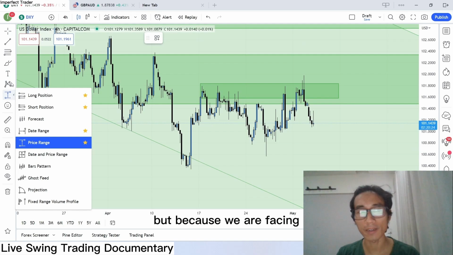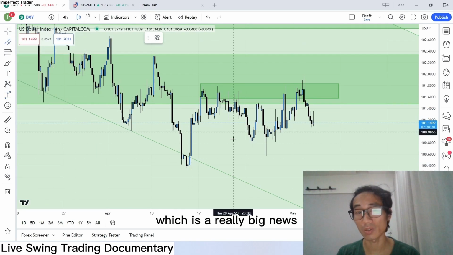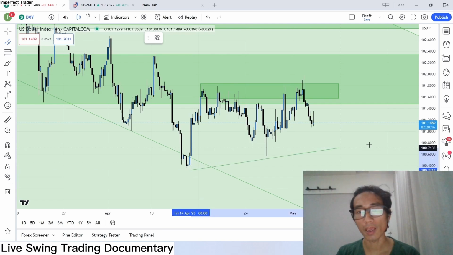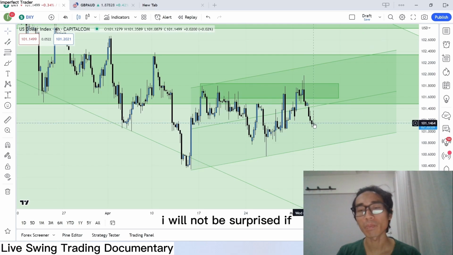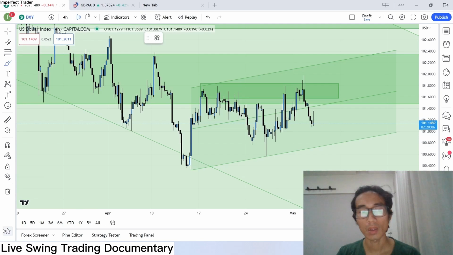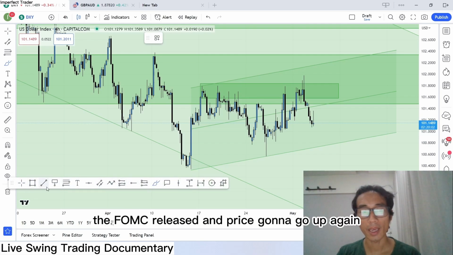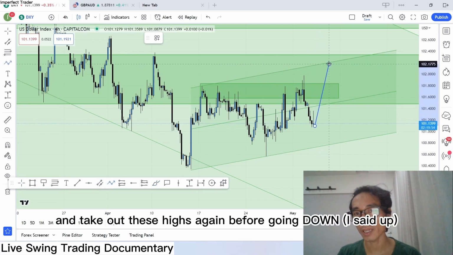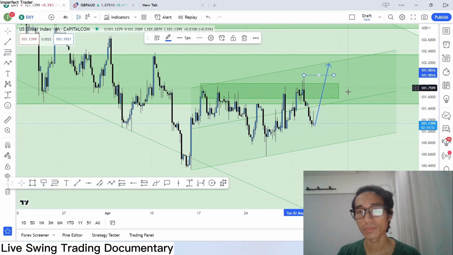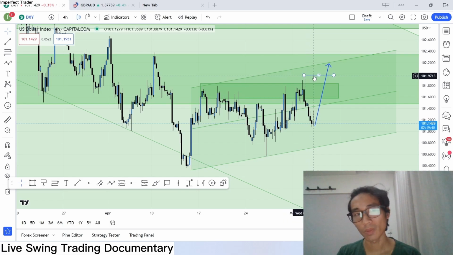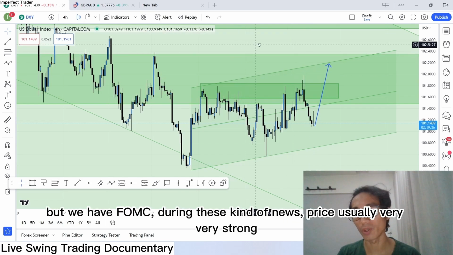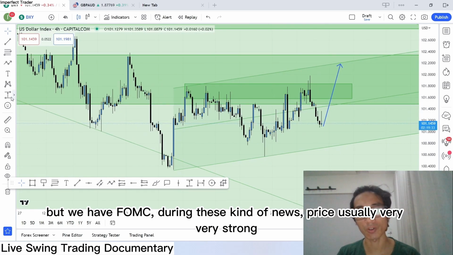But because we are going to have FOMC, which is a really big news, and if we do consider trend line, I will not be surprised if the FOMC releases and price gonna go up again and take out this high again before going down. Usually a candle like this is very powerful, and during the FOMC news, price is usually very strong.